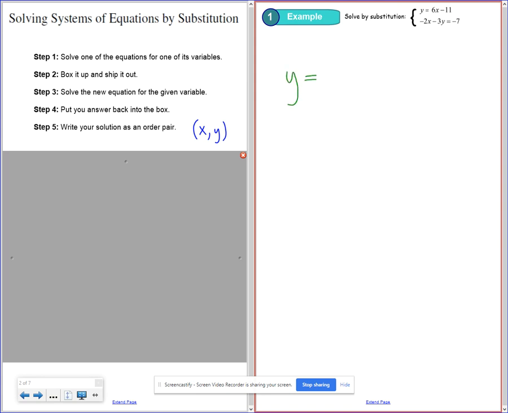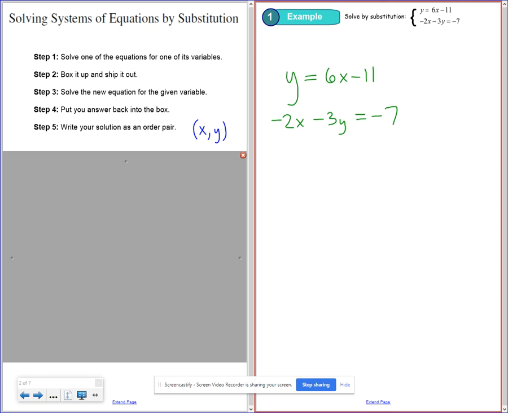Y equals 6x minus 11, negative 2x minus 3y equals negative 7. Let's look at our steps. Step 1 says solve one of the equations for one of its variables. So you get two equations to choose from.